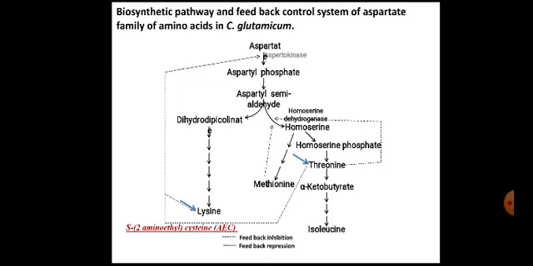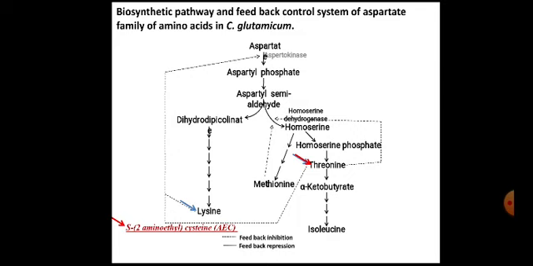And this analog, AEC, can inhibit aspartokinase in the presence of threonine. That means AEC will take the place of lysine if added in the medium, and AEC plus threonine will target the aspartokinase.